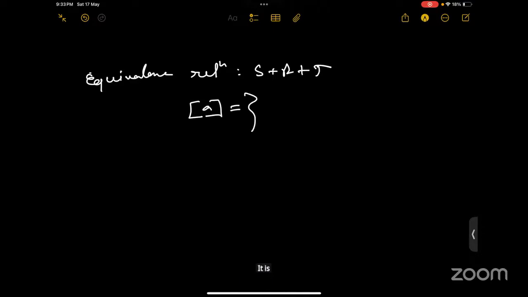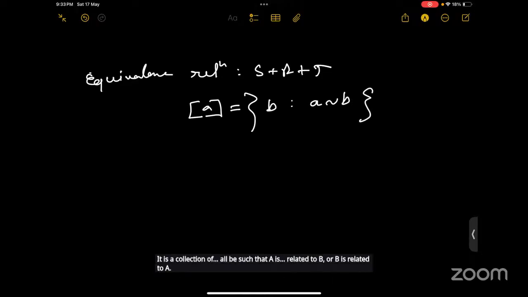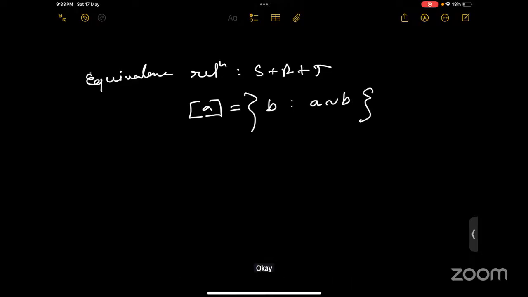It is a collection of all B such that A is related to B or B is related to A. Equivalence class is the collection of all those elements which are related to A.